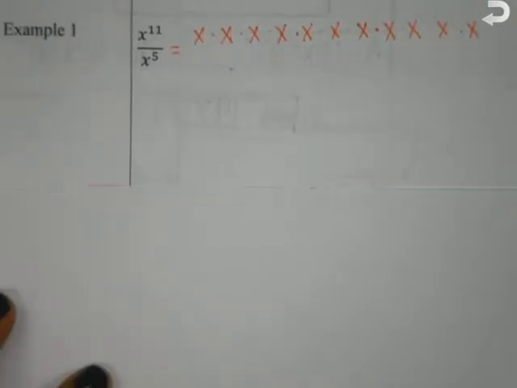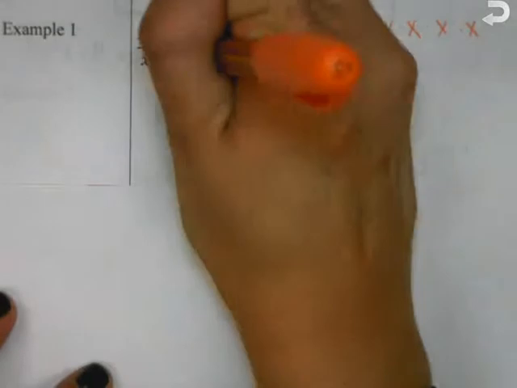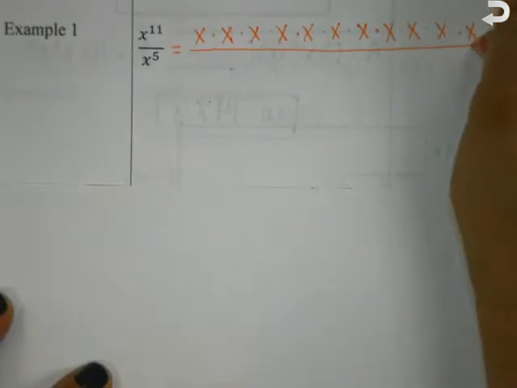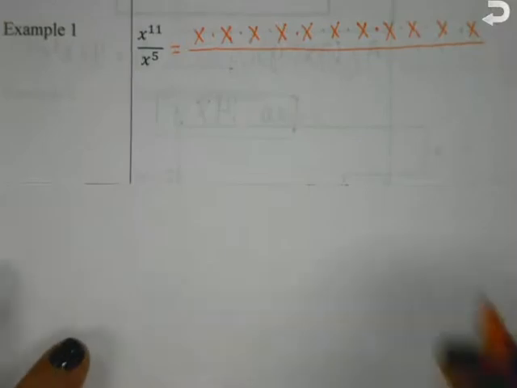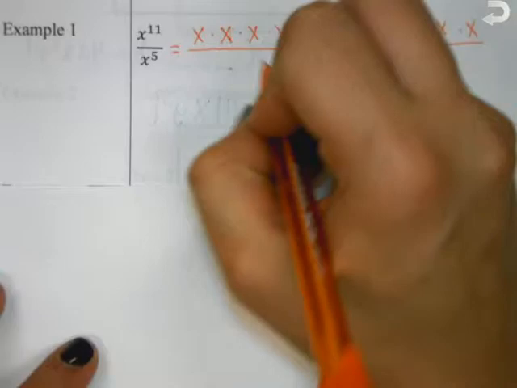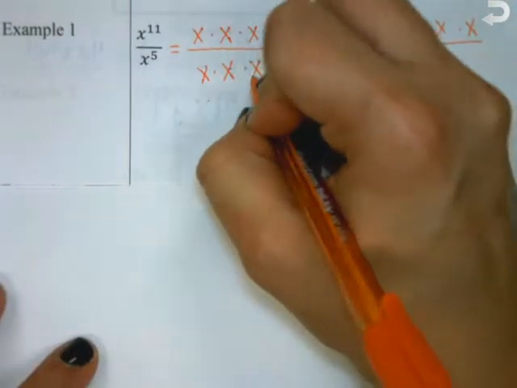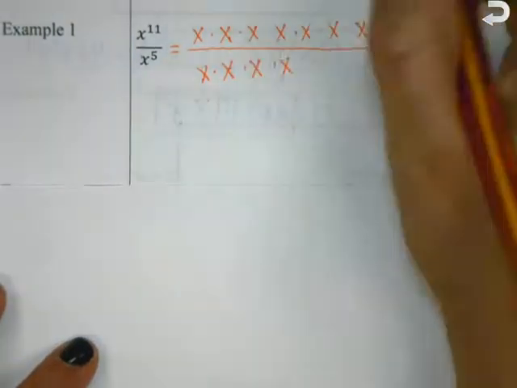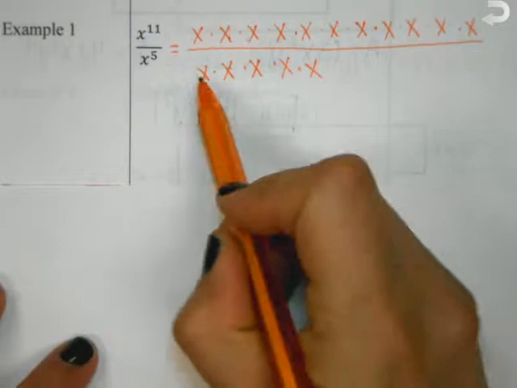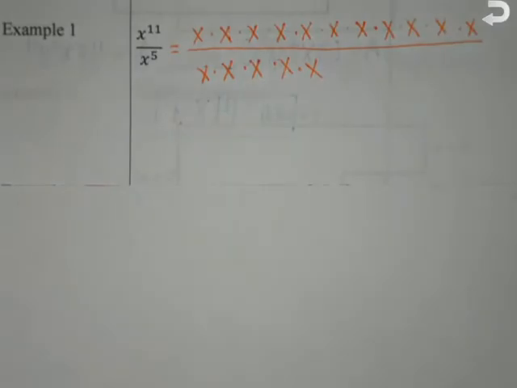All of that is over what? How many x's are in x to the 5th? 5. Let's do x times x times x times x times x. 1, 2, 3, 4, 5. Okay, so we just expanded the whole thing out.